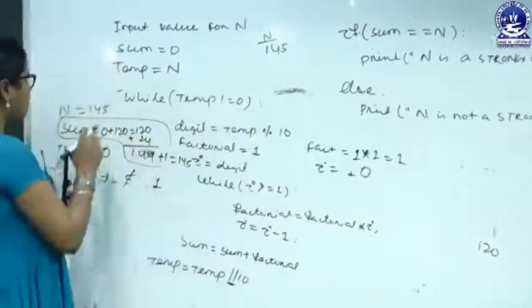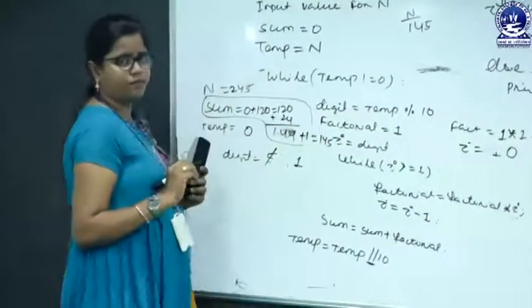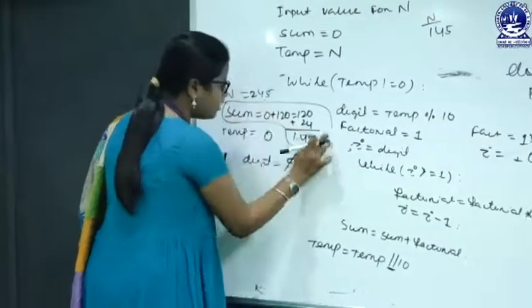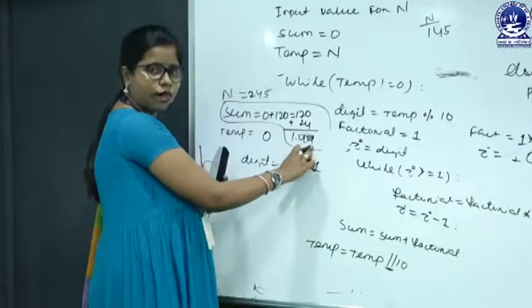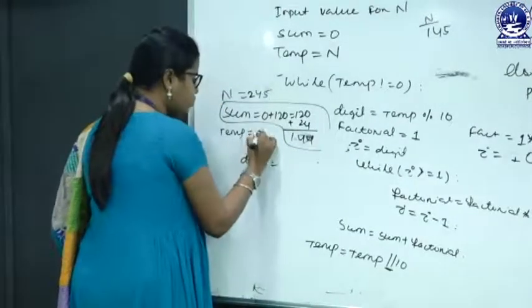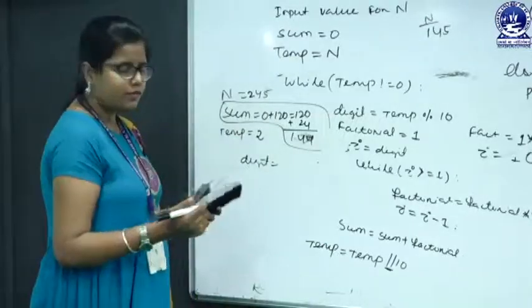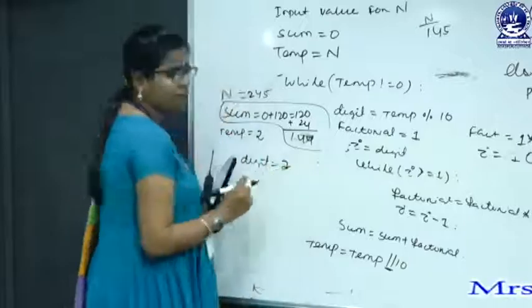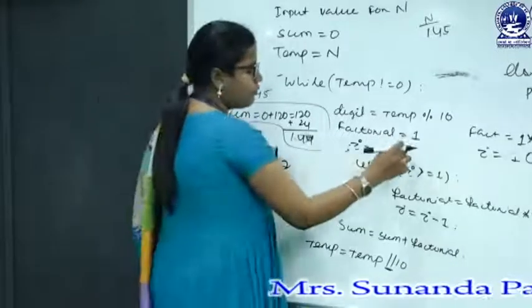If the question is, suppose, 245. So here for the 4 and 5 the summation value is what? 144. And when the temporary is 2, the digit will be what? The digit will be temporary modulo 10, that is 2. So factorial will be what? 1.